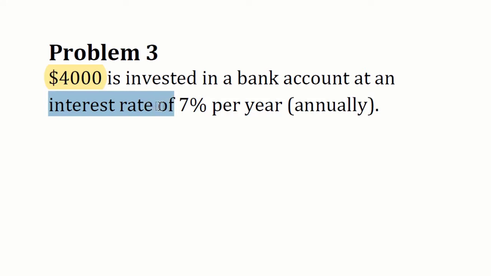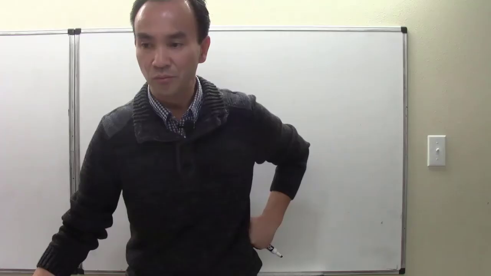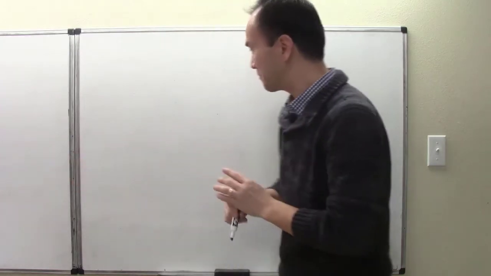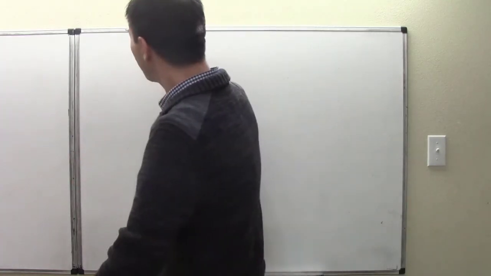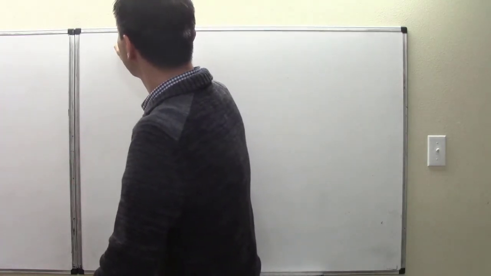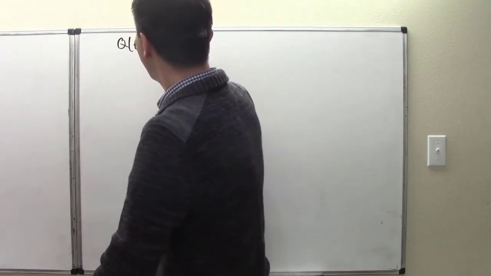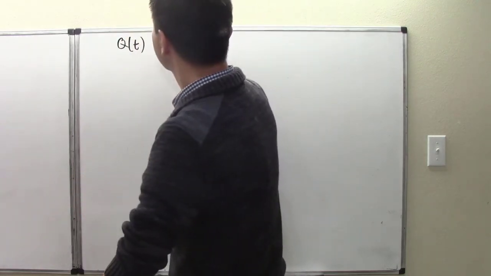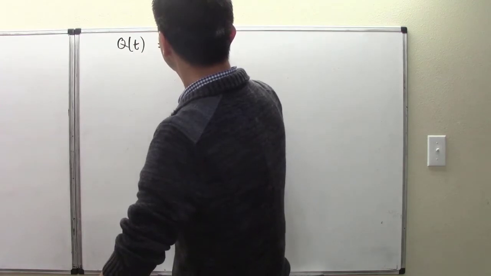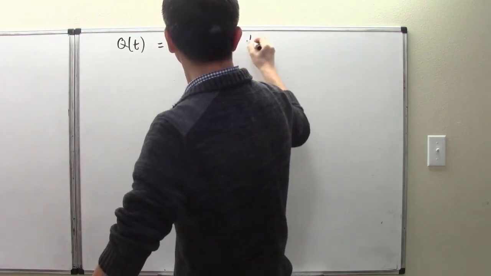I have spent a good amount of time explaining all of that in detail in the earlier part already. So we have the rate and the initial amount right here. Let's say Q is the quantity or the amount in T years.